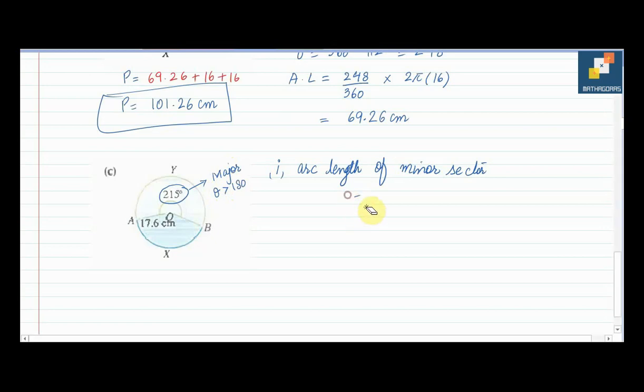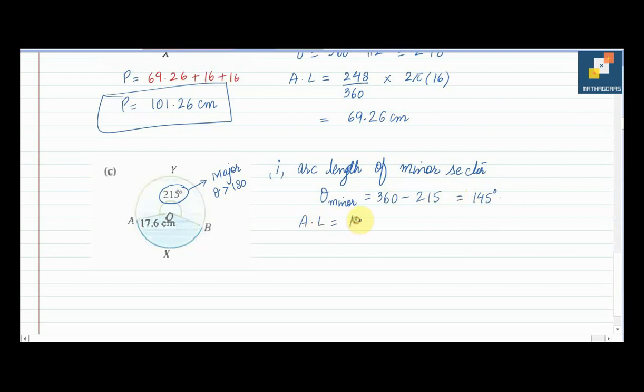To find the arc length of the minor sector, first you need to find the angle of the minor sector. So it will be 360 minus 215. When you subtract it, it's 145 degrees, right? Now you can find the arc length of the minor sector.